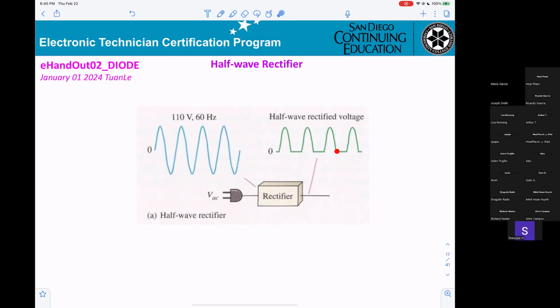That's what they call a halfway rectified voltage. Why halfway? This is a full way, and now they get only positive. When they go through the diode, they get only positive, no negative. They take it out. That's why it's halfway.